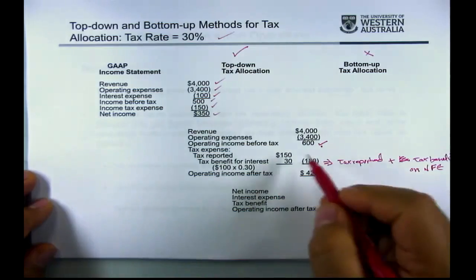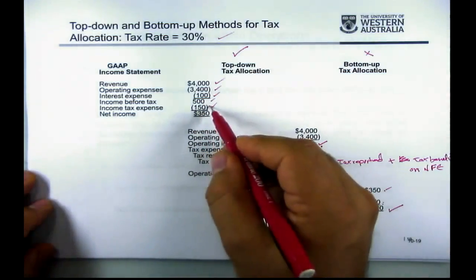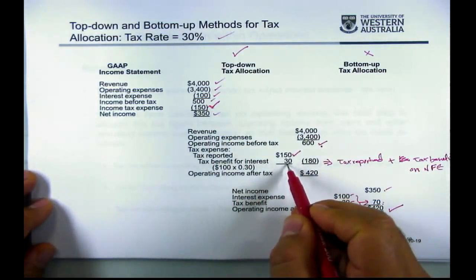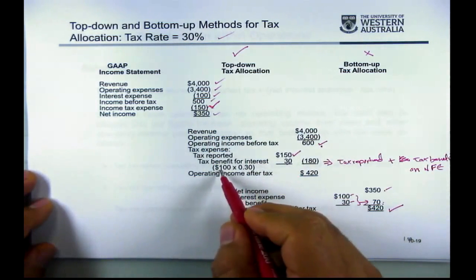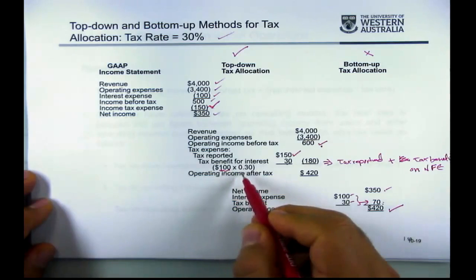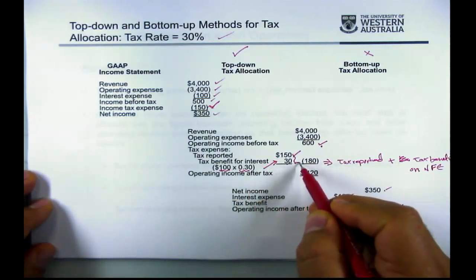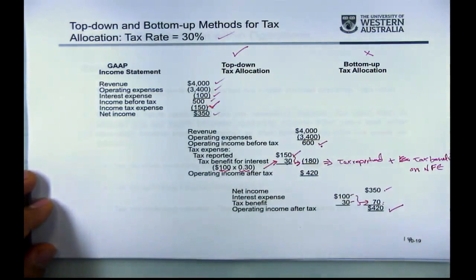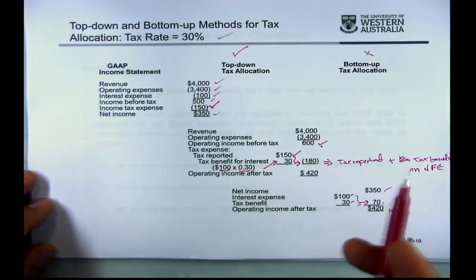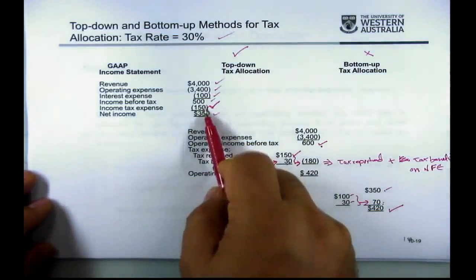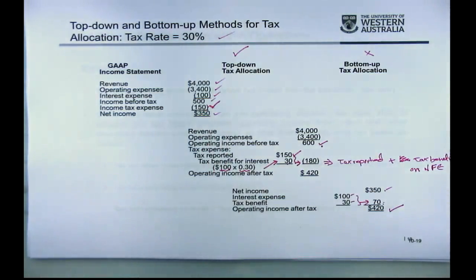Okay, so this is the reported tax 150 taken from here, and then we calculate the tax benefit on net financial expense as the interest expense times the tax rate. So this is the tax benefit. We sum them together, and this is the tax on operating income, right?